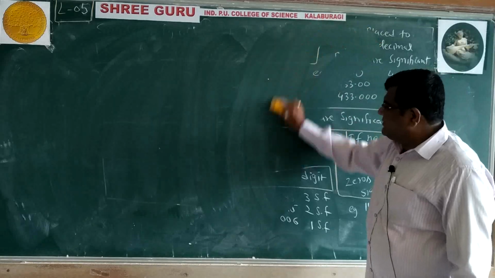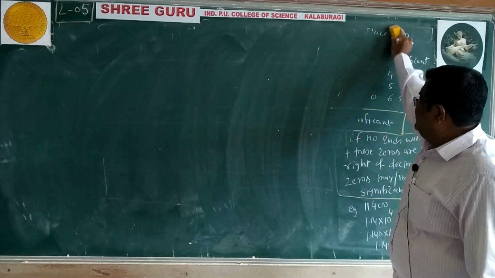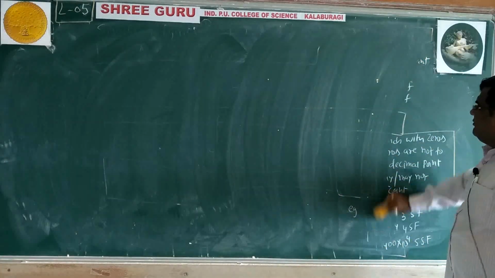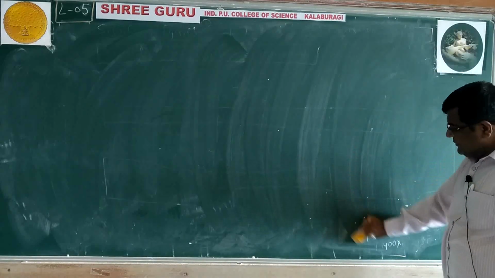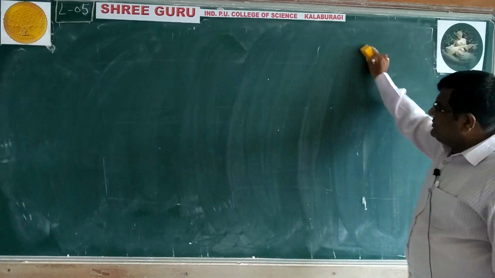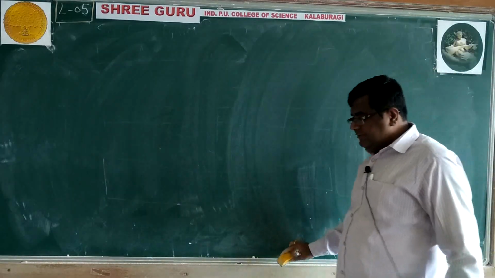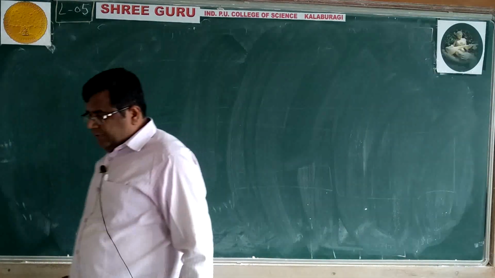Read again and again these statements because they are useful in solving the questions. MCQs can also be asked in various entrance examinations to identify the significant figures in a given number.